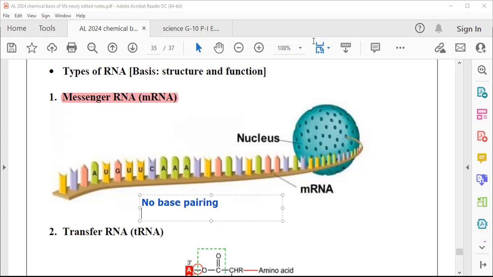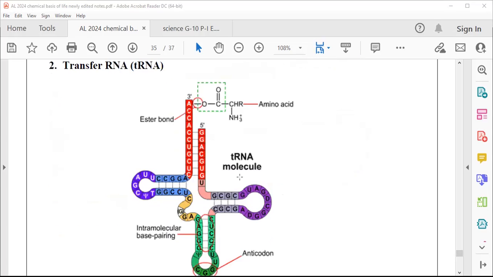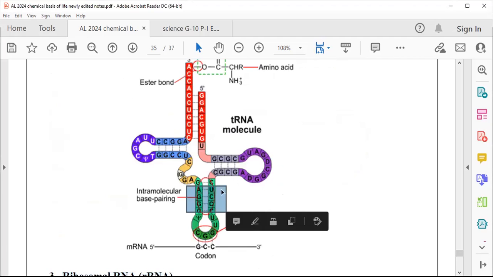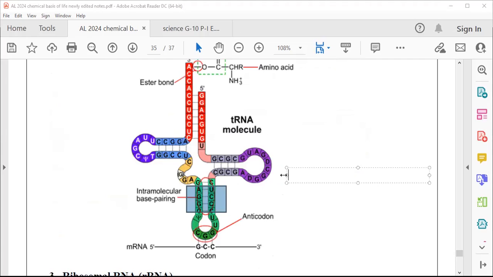Right. If you take tRNA, it has base pairing. You can see here. It has, what is it?